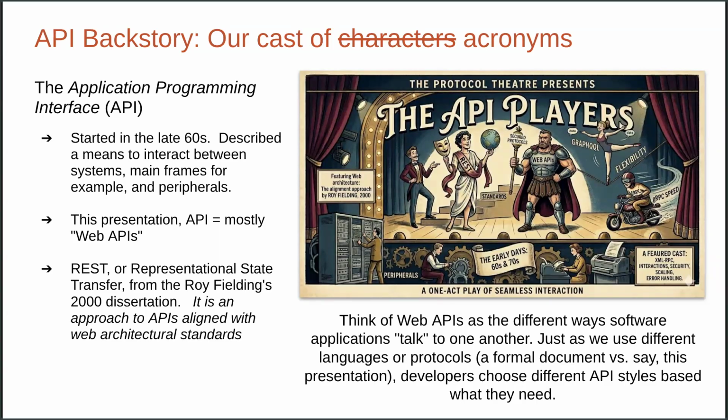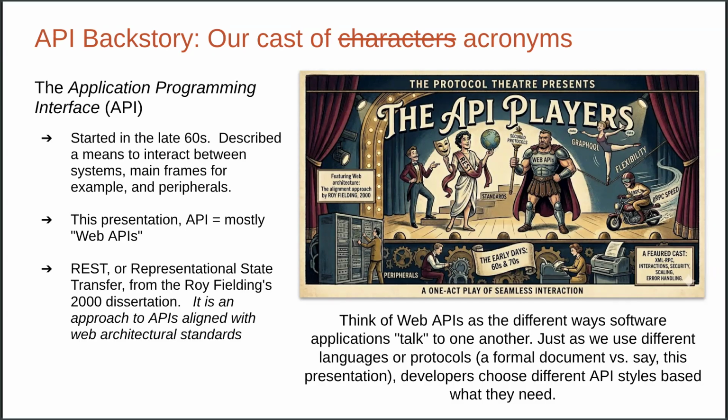One of the common terms you may hear with regards to APIs is REST, representational state transfer. This is Roy Fielding's 2000 dissertation, and what that dissertation did was provide the foundation for how a lot of web APIs leverage web architecture.